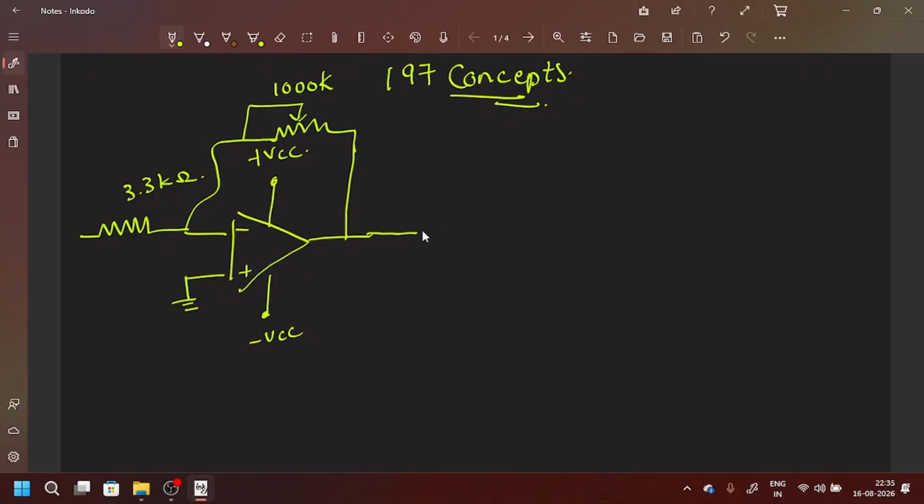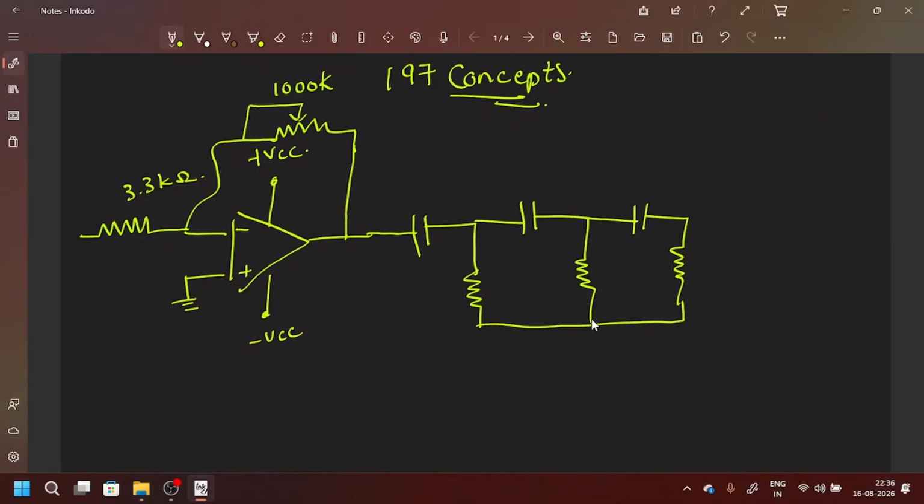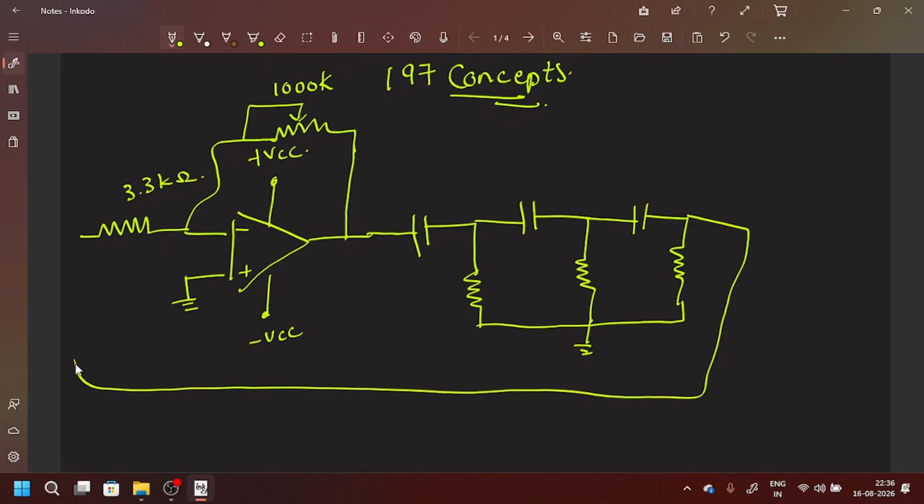I'm just going to connect three RC networks in this manner. This is the resistor, again a capacitor and a resistor, and then a capacitor and a resistor. All these three will be connected to ground, and this output will be taken back and connected to the input.